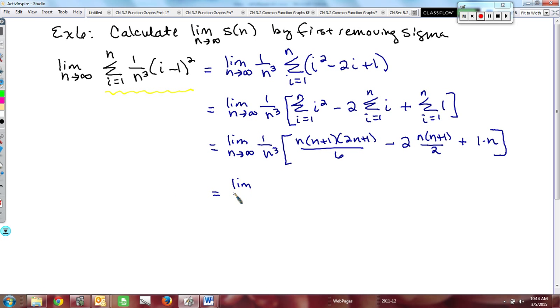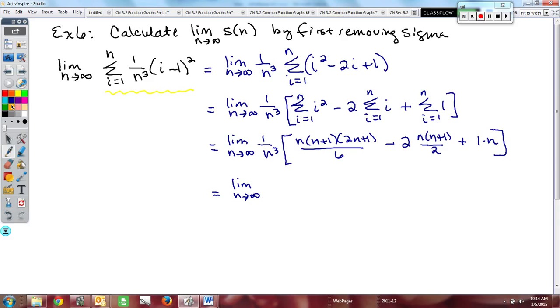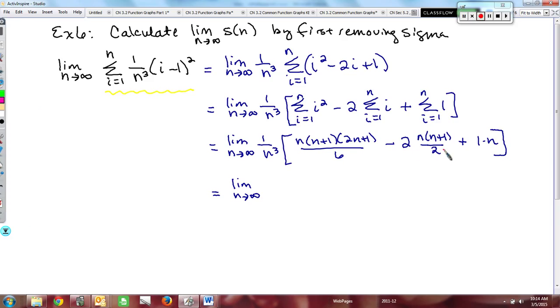Unfortunately, algebra always kills us in calculus. My job is to get all of these together into one fraction. So I'm going to concentrate in here. The idea is, what's your common denominator going to be? Your common denominator on this inside is going to be 6. So I'm going to have to multiply that by 3 over 3, and this I'm going to have to multiply by 6 over 6.